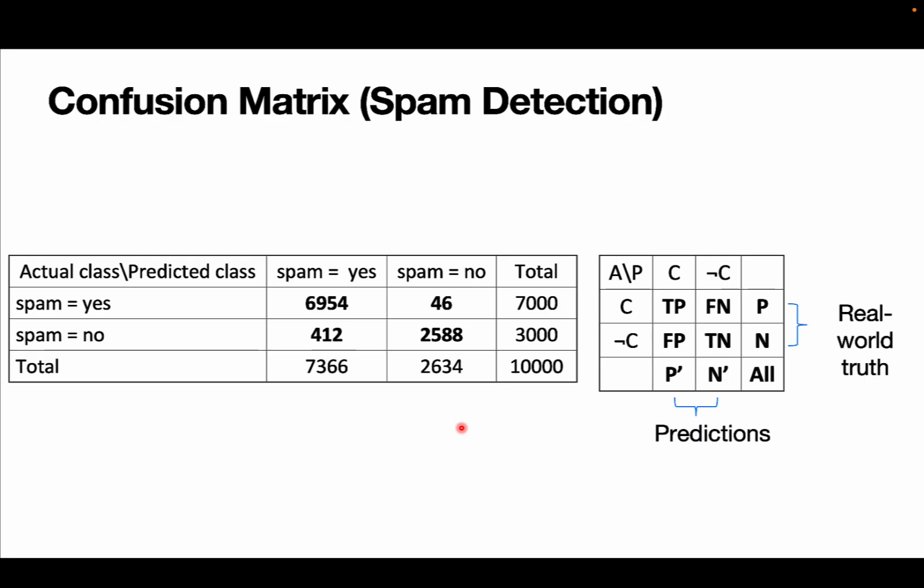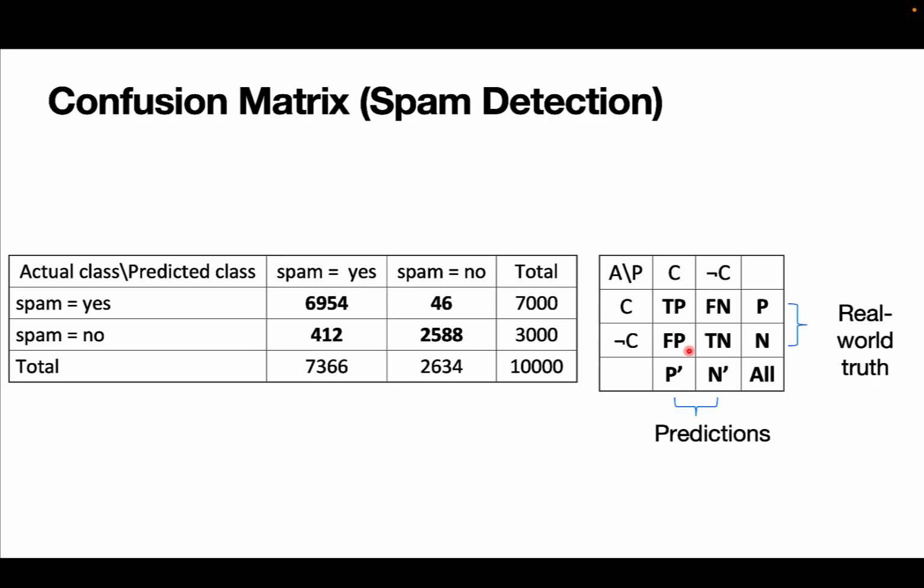Throughout this lesson, we'll keep going back and forth between this spam detection example and the medical diagnosis. True positive and true negative are the good things. The classifier correctly predicted the spam emails and it correctly predicted the non-spam emails.